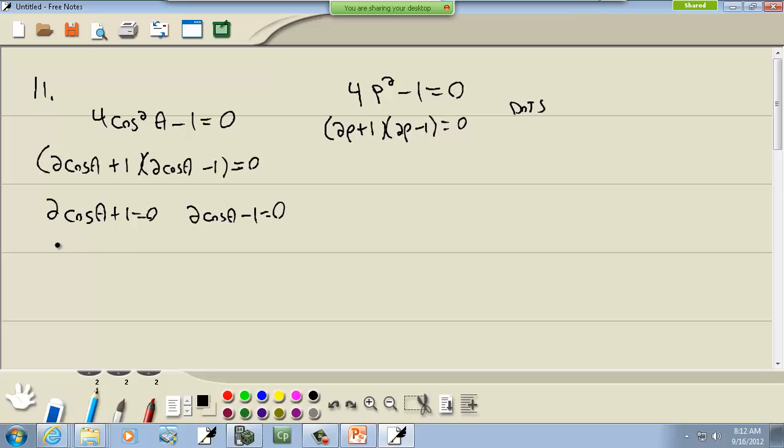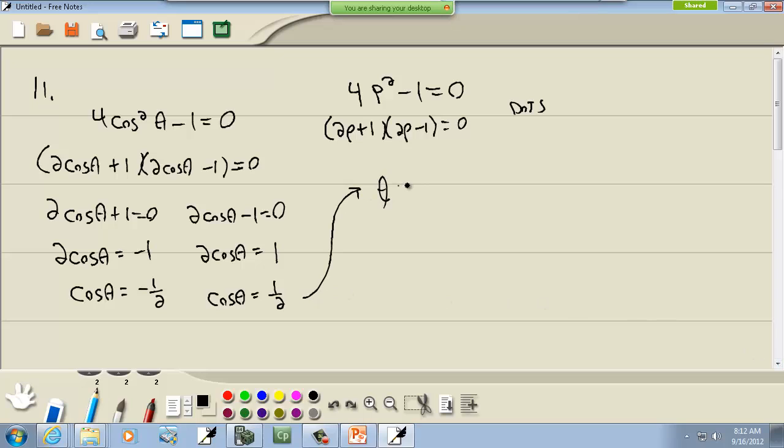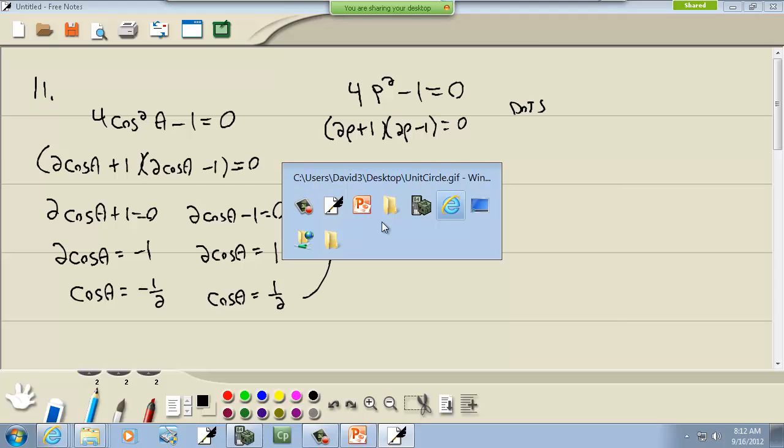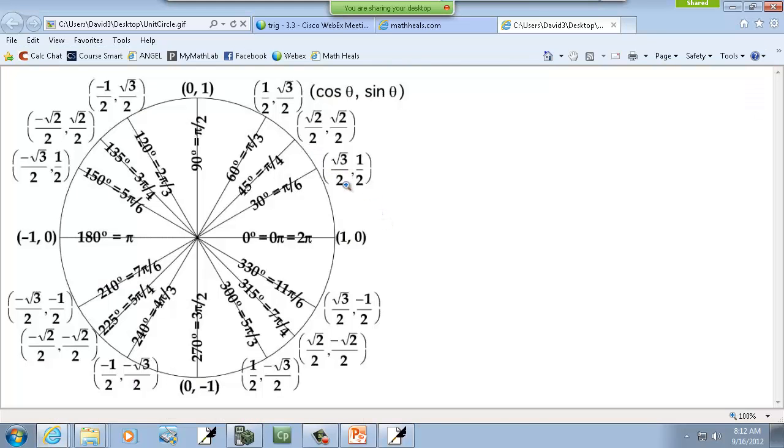So I want to solve for cosine. So here I'll take the 1 over to the right side, becomes a negative 1. Divide both sides by 2 and we get negative 1/2. Here take negative 1 over, becomes a positive 1. And divide both sides by 2 and we get a positive 1/2. So let's go look on our unit circle where it's equal to either a negative 1/2 or a positive 1/2. Cosine is our x part.